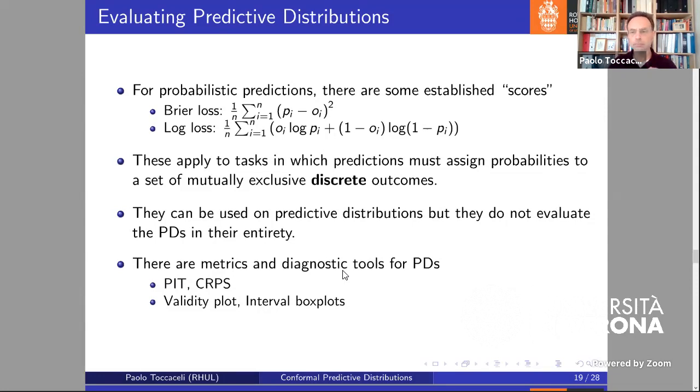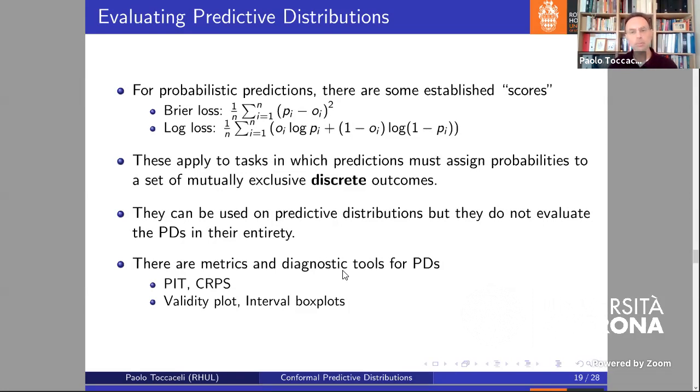So there has been research in coming up with metrics and diagnostic tools for predictive distributions. And the research was mainly in the meteorological domain, interestingly enough.